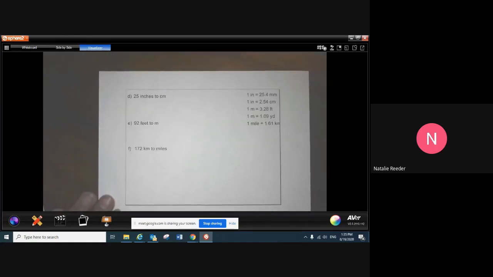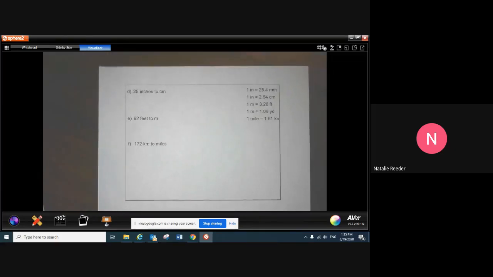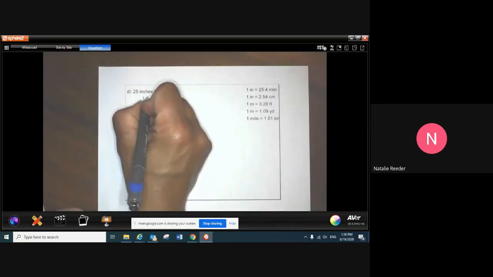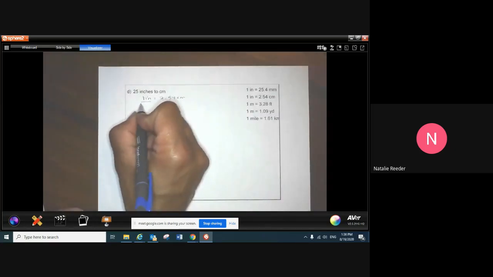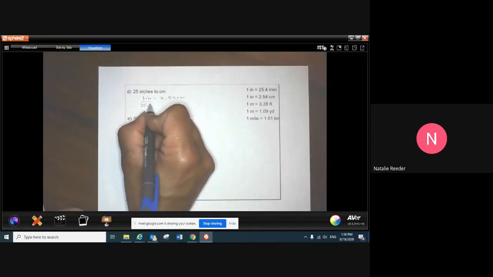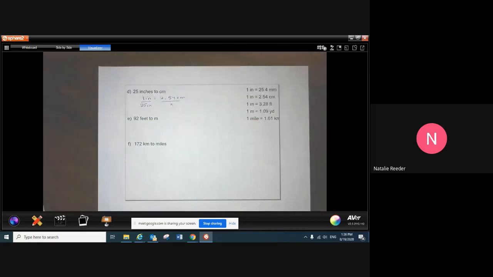So we'll keep going. We've got 3 more examples. 25 inches to centimeters. Inches and centimeters, we look here, and it is the second one. 1 inch is equal to 2.54 centimeters. They are giving us 25 inches, so we put that under the inches, and we want to know how many centimeters that is.